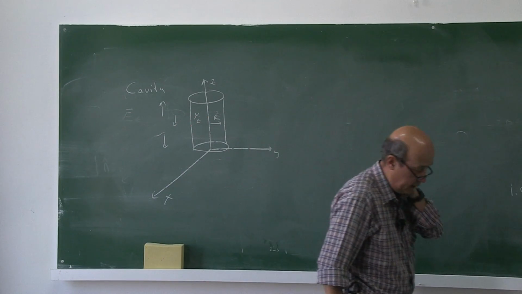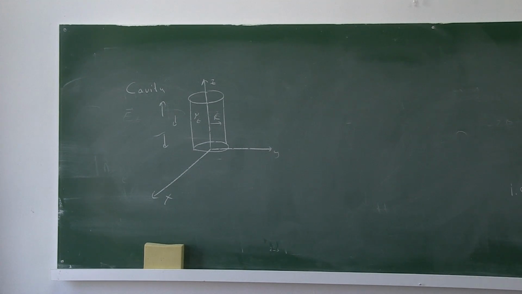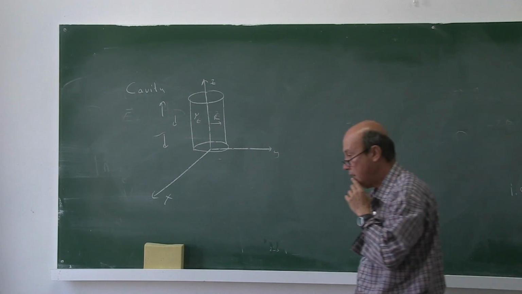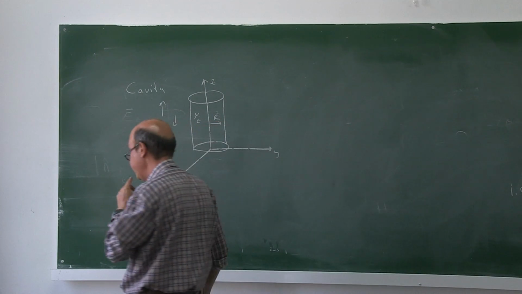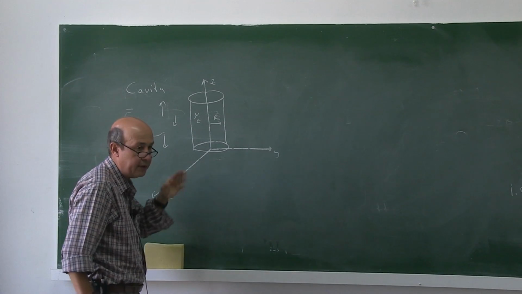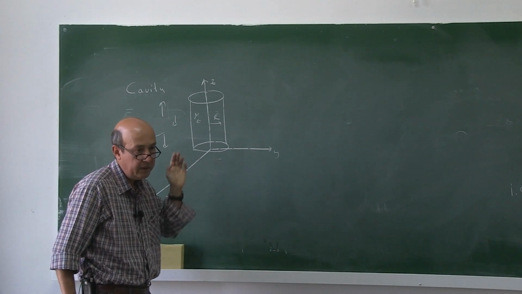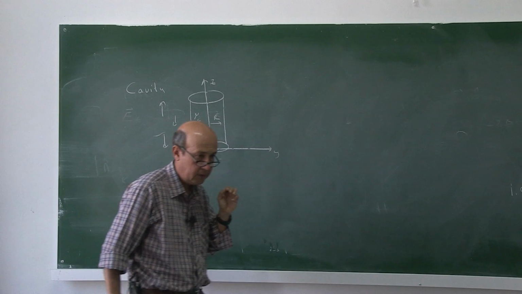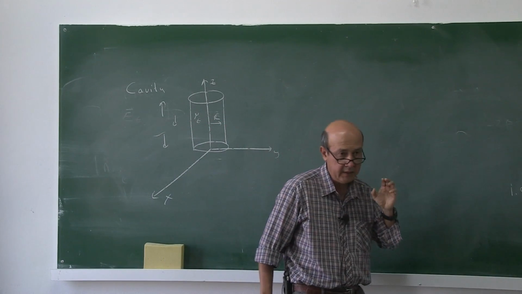If you have a cavity and waves inside the cavity, the waves should satisfy certain boundary conditions like in the waveguide. But in the cavity, you don't have traveling waves because they are reflecting from the walls. What kind of waves do you have in the cavity?